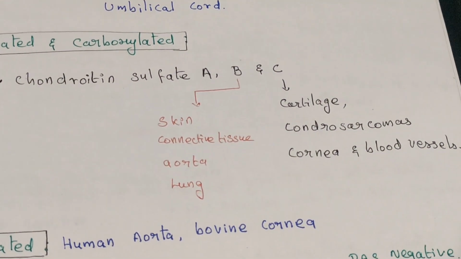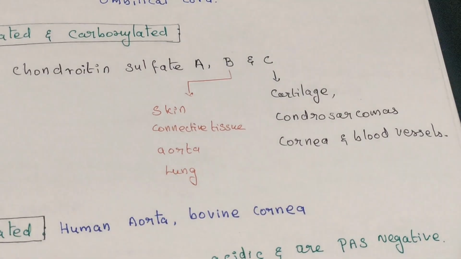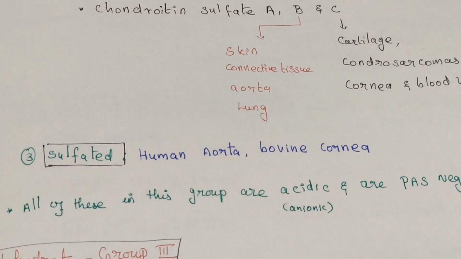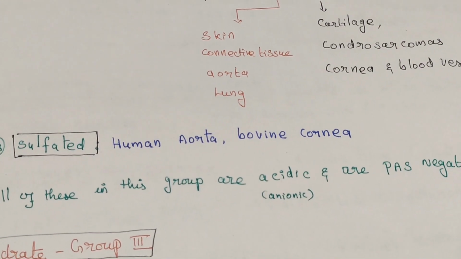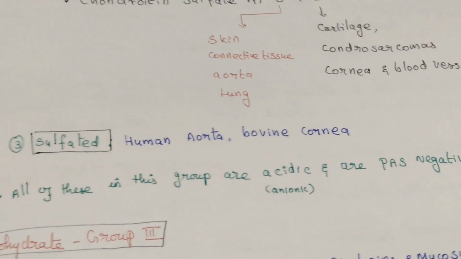C is present in cartilage, chondrosarcoma, cornea and blood vessels. The third category, sulfated, is present in human aorta and bovine cornea.